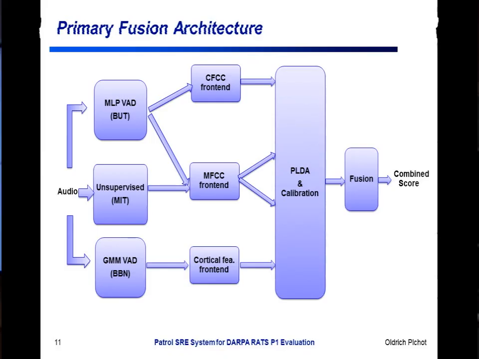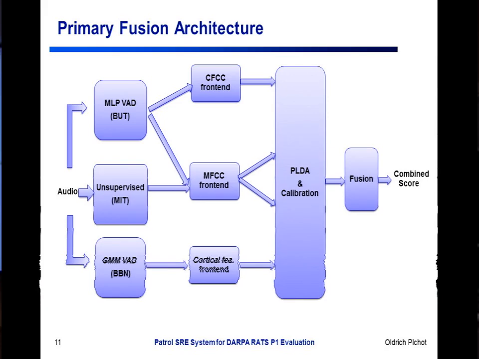So actually, we used 3 different voice activity detections and 3 different front ends, which resulted in 4 systems, because this MFCC front end was run once with one VAD and then with the second one. It all was producing i-vectors, which went to the PLDA, and after the PLDA we calibrated the scores, and then we split our development data into 2 halves, and using jackknifing we were training the fusion.